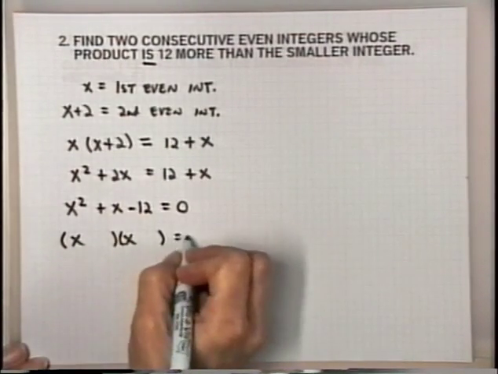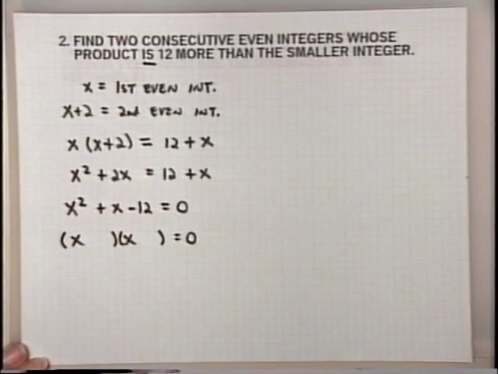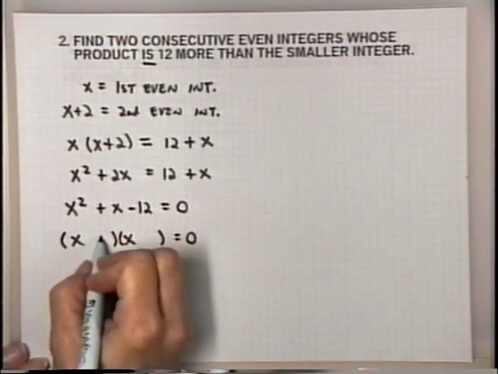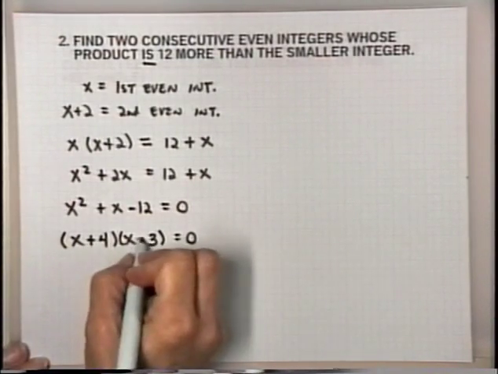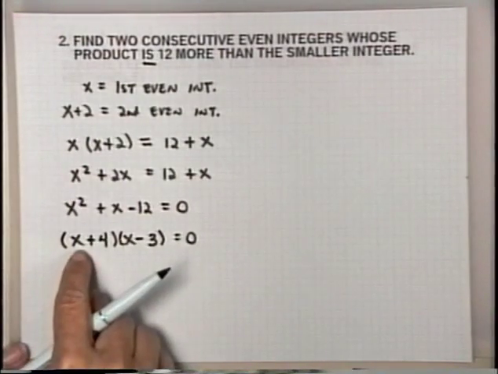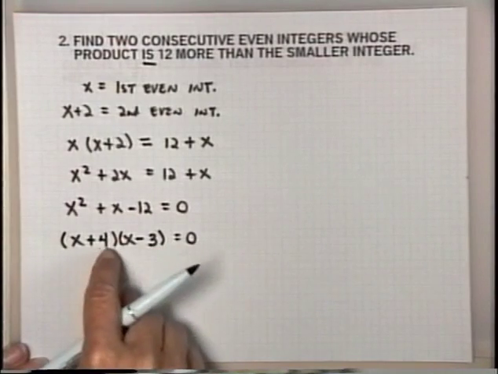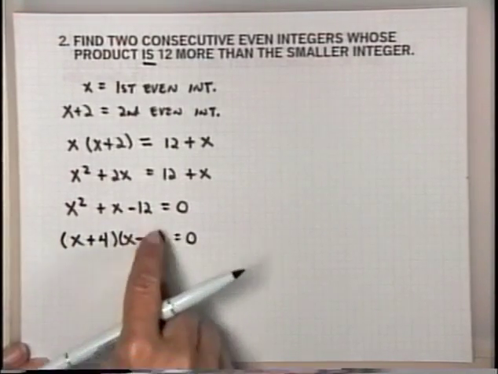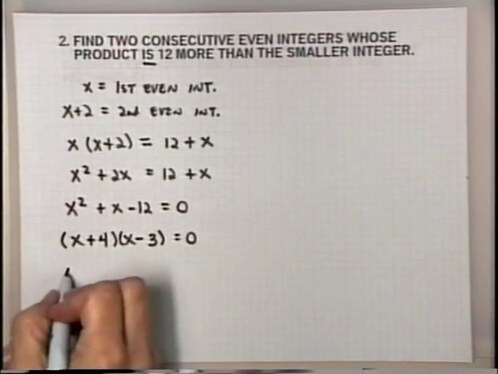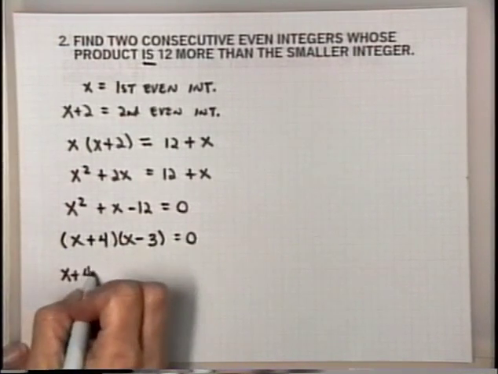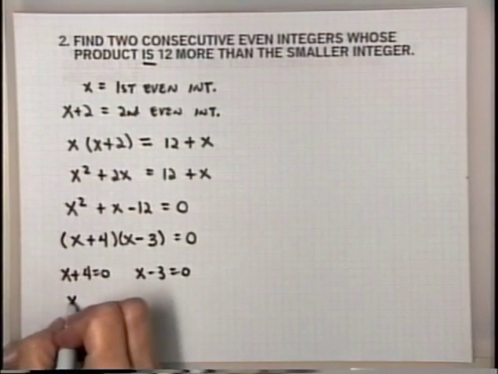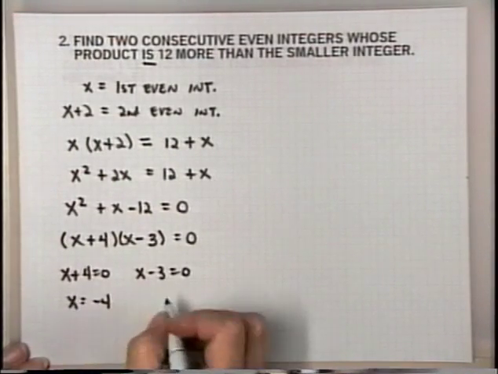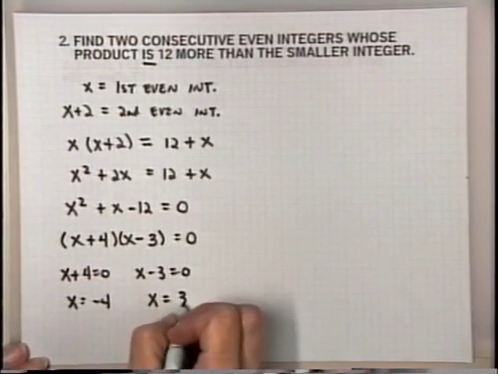I will need opposite signs. I'm trying to get a plus 1 in the middle. So if I use 4 and 3 with a plus sign on the 4 and a minus sign on the 3, I have negative 3x plus 4x is 1x, and I have my negative 12. Setting these factors equal to 0, and then solving them, I have x equals negative 4 or x equals 3.